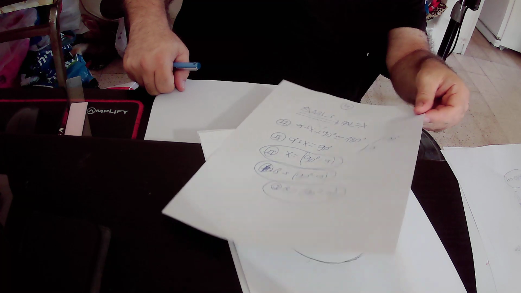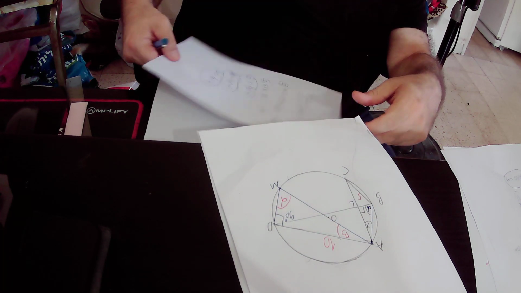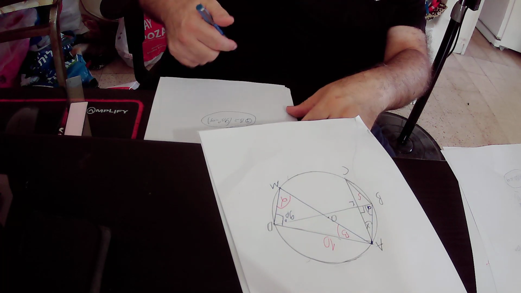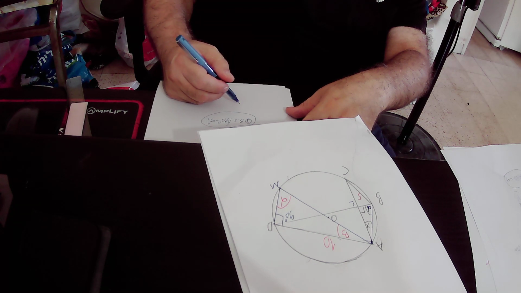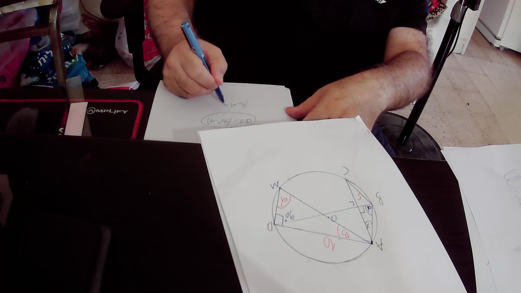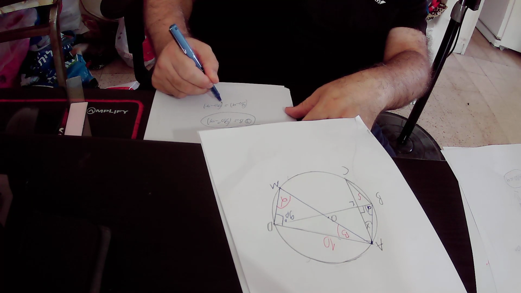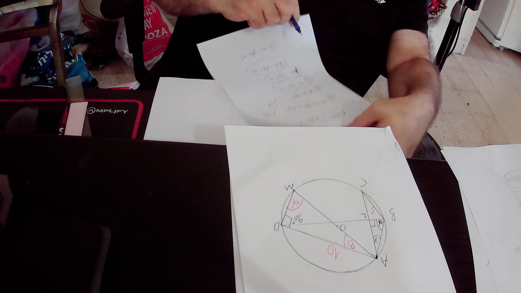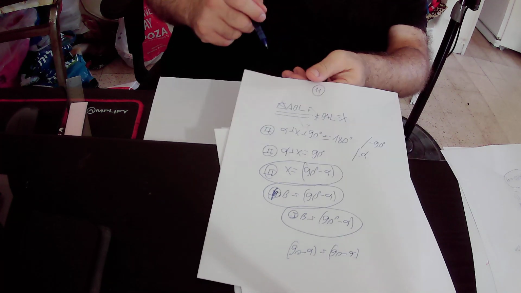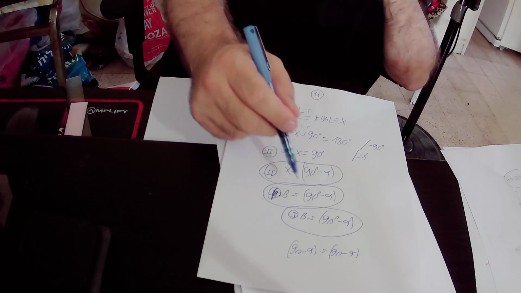or if you want to show it in the long way, 90 degrees minus alpha equals 90 degrees minus alpha.